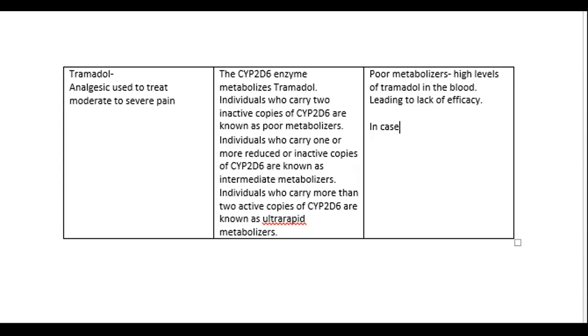In case of ultra rapid metabolizers, there is a reduction of the tramadol concentration in the blood, leading to lack of efficacy.